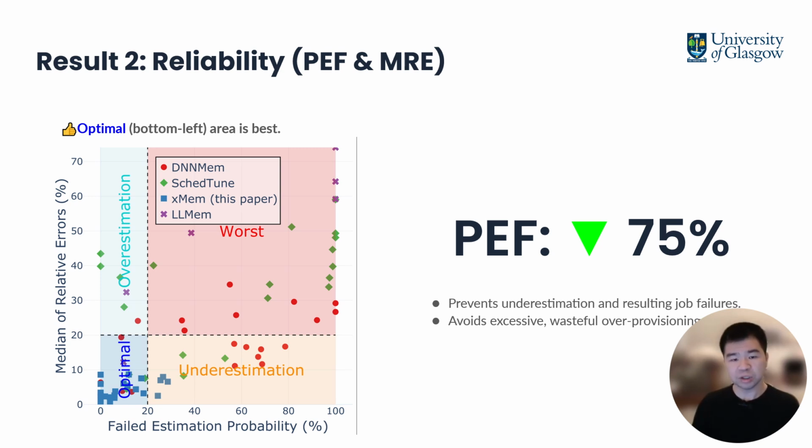The overestimation zone is light blue, using more GPU resources, and the red zone is the worst for both. The result is clear. xMem is the only method in which almost all results are placed in the optimal zone. This means we prevent out-of-memory failures without wasting resources, achieving a 75% reduction in PF.